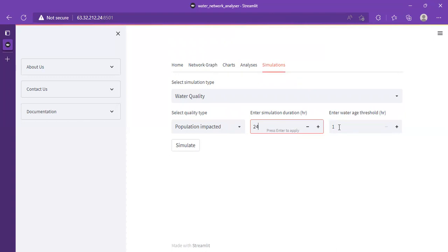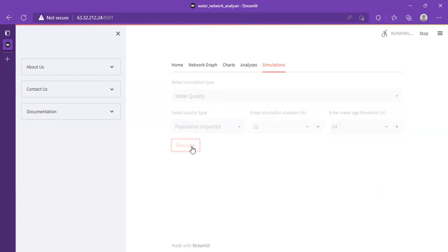So you choose the simulation duration and you choose your age threshold. That's the water age threshold. Let's say how many people are going to be impacted by water that is 24 hours of age. So after entering all the parameters, then you choose simulate.